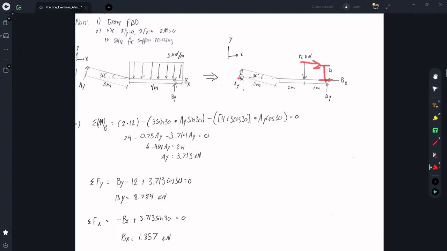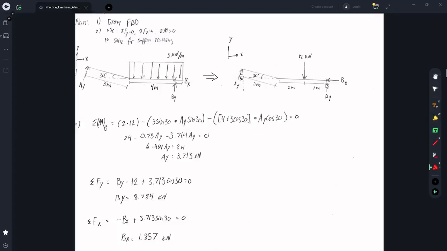So this distance is going to be equal to, we know that this length is 3. So to get this part of the triangle, you can just do the hypotenuse 3 times sine 30. So multiply that by AY sine 30, which is the x component, and we can get that moment, which is clockwise, so it's negative.